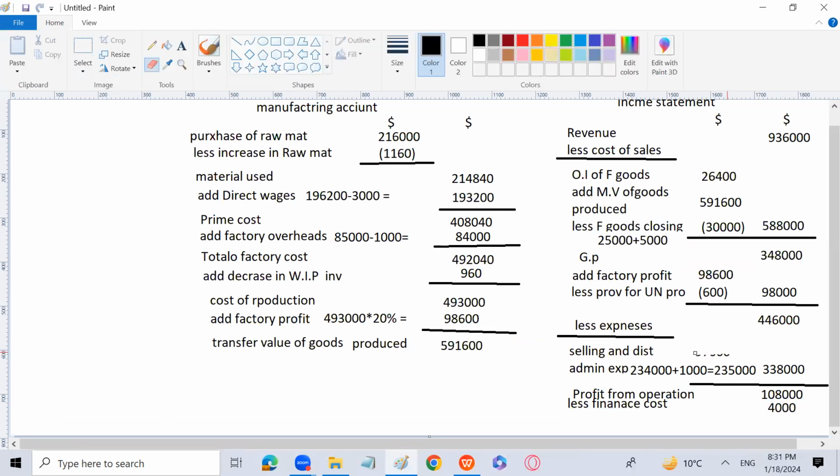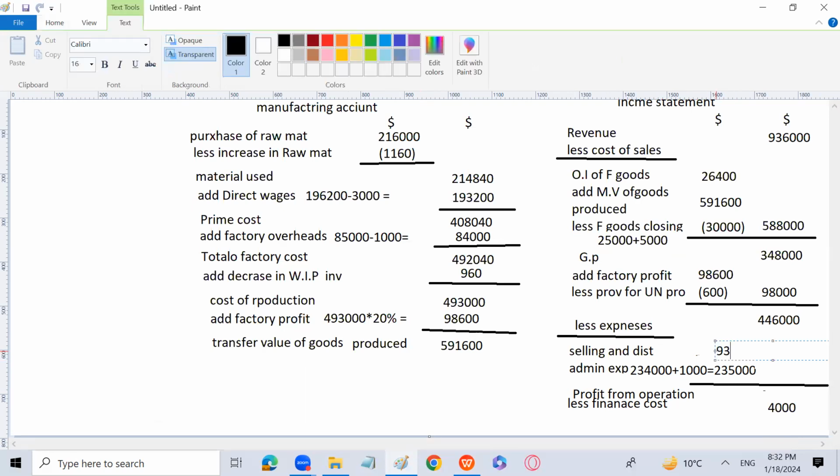There was a little working in selling and distribution, because of which these amounts will change a little. We have to do the working whatever is required. So 97,000 minus 4,000 will be 93,000, because interest cost has been added to selling and distribution, and unfortunately that has to be subtracted. So what will be the answer now? Total expenses 242,000.